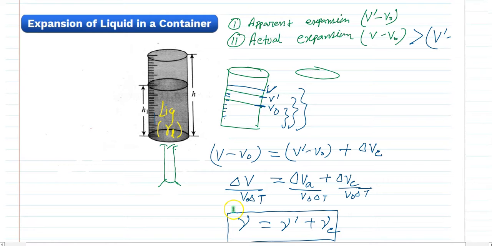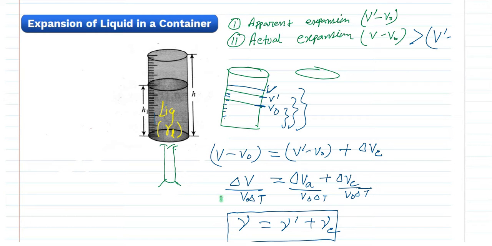Now expansion of liquid. In the case of liquid, the expansion is something different, because now we have to put the liquid into a container. So if we heat up, the container also will heat up, and the volume of the liquid as well as the volume of the container will increase.